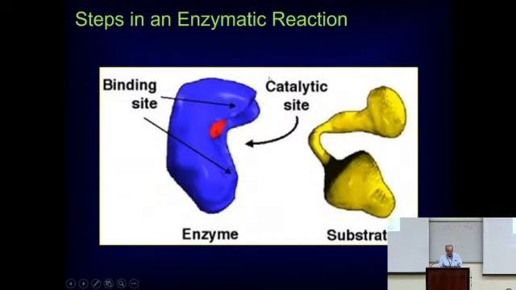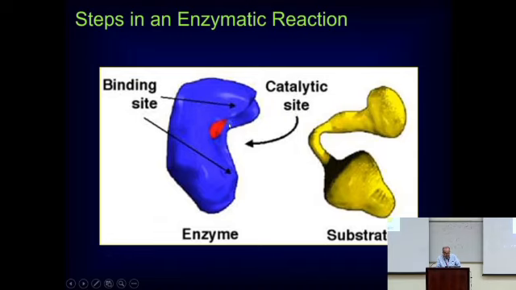Pretty straightforward. So here's your enzyme. You're going to have this big cleft, or domain if you want, and this large one is called the binding site. Much larger, maybe 100, 200 amino acids.